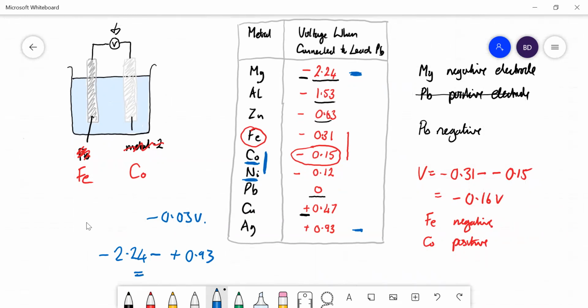That would be equal to minus 3.17 volts, and the minus sign shows us that the magnesium is the negative and the silver would be the positive electrode.